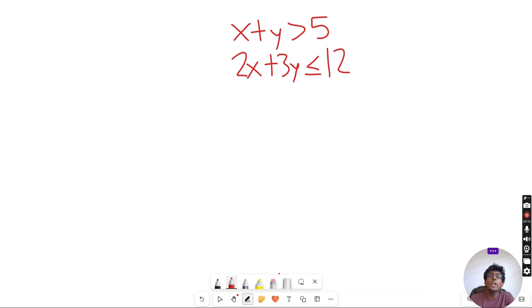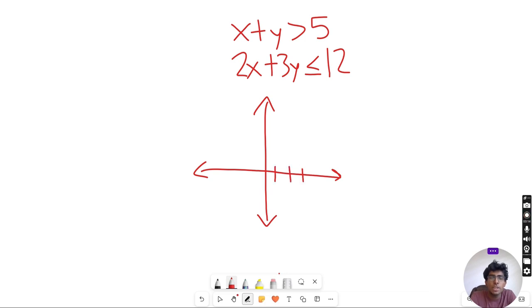So we want to plot these inequalities in a graph, right? We're going to graph each inequality by itself first. Actually, before we do that, let's solve for y. That's probably the best thing to do.